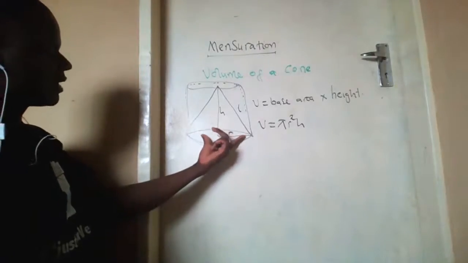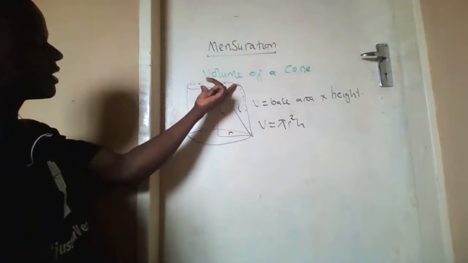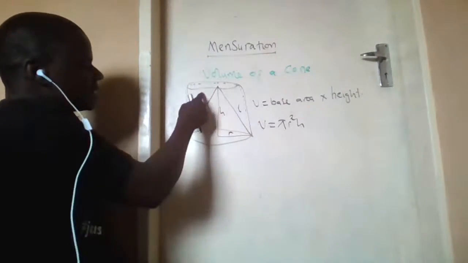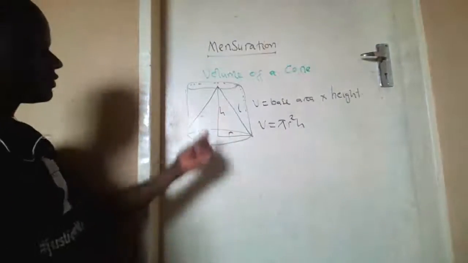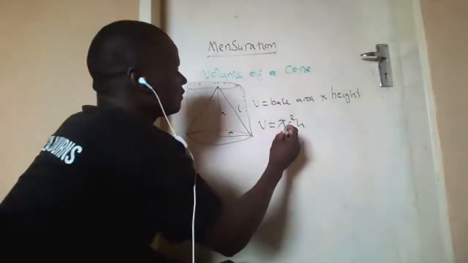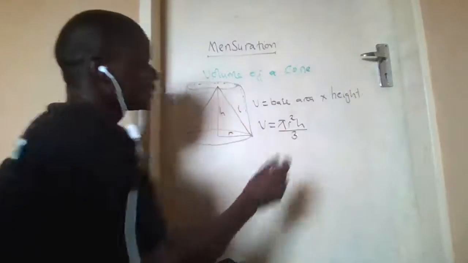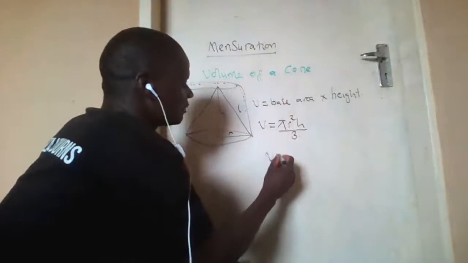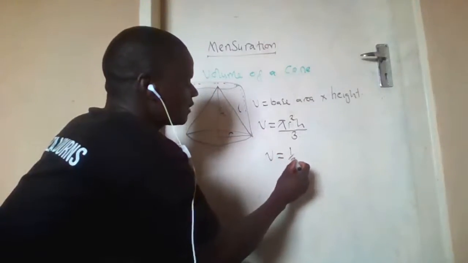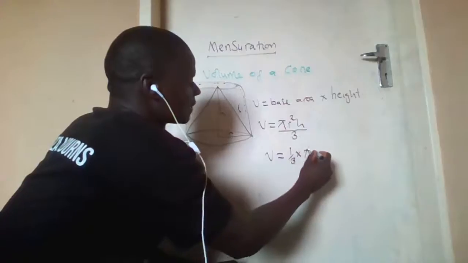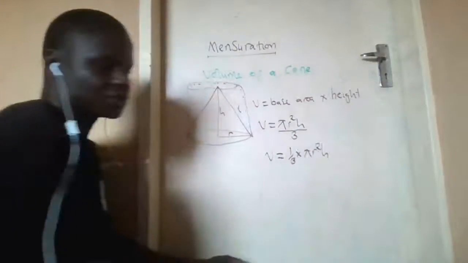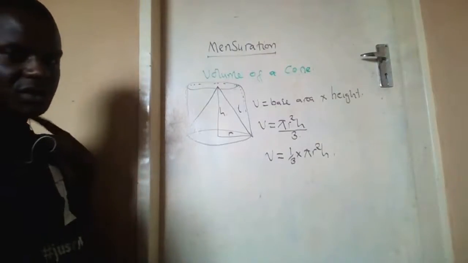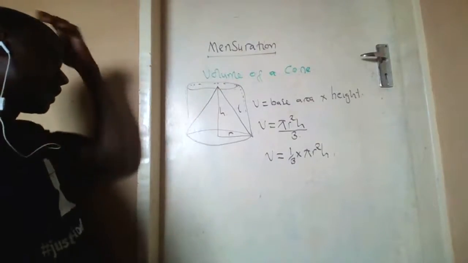But because what we have at the bottom is not the same as what we have on top, to cater for that space, we're going to divide by 3. So the formula we use to find the volume of a cone can be written as V equals 1 over 3 times pi r squared h. That is the formula that we use to find the volume of a cone.